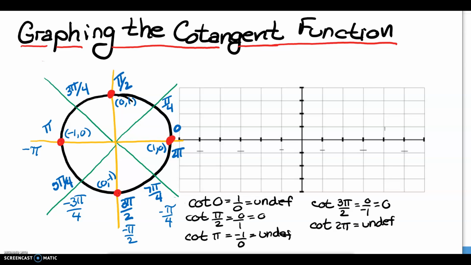And when we were looking at our tangent graph, we stated that any x value that produces an undefined y value has an asymptote there. So at 0 radians, we have a nice asymptote. And then we also have an asymptote at pi radians.